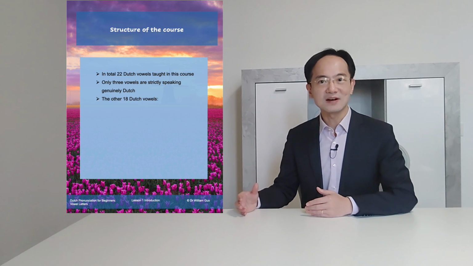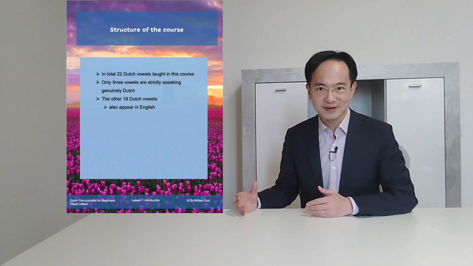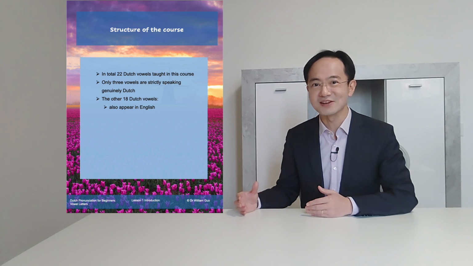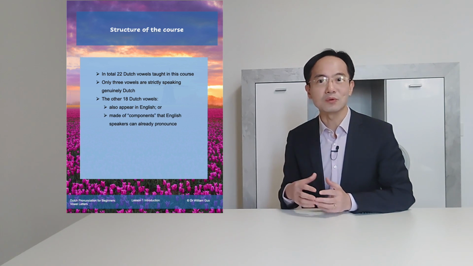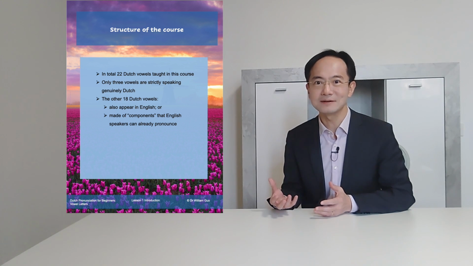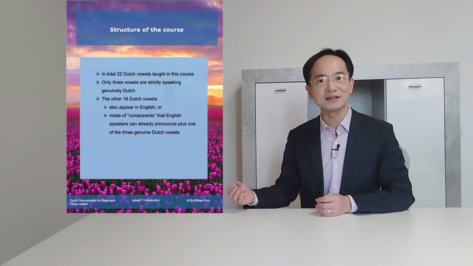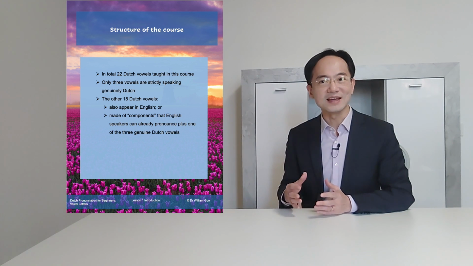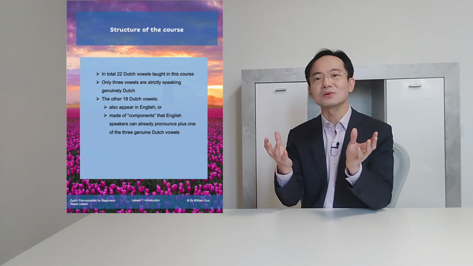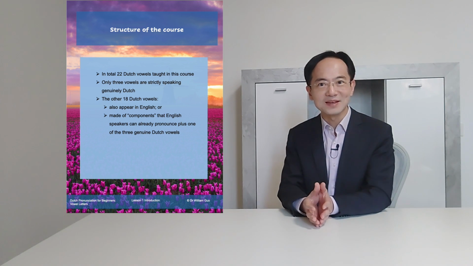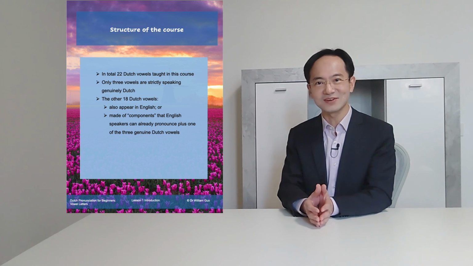The other 18 vowels either also appear in English, so you can already pronounce them, or they're made of components that you can already pronounce as an English speaker, plus one of the 3 genuine Dutch vowels. So I hope that at the end of this course, you'll feel that all the pieces of the puzzle have fallen into place, and you'll no longer find Dutch vowels complicated or difficult.